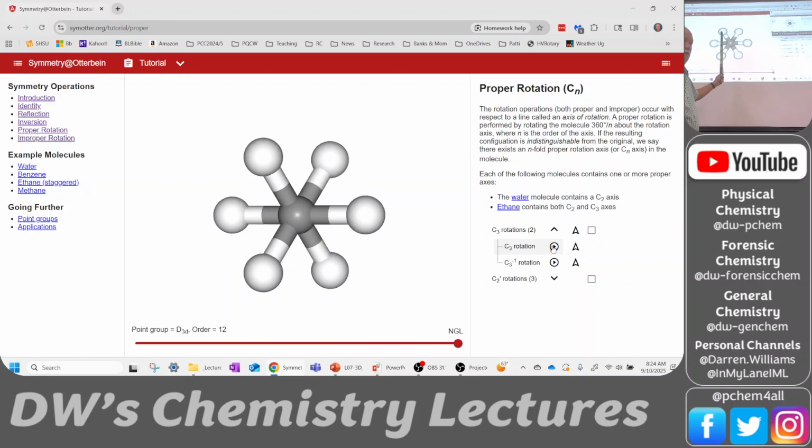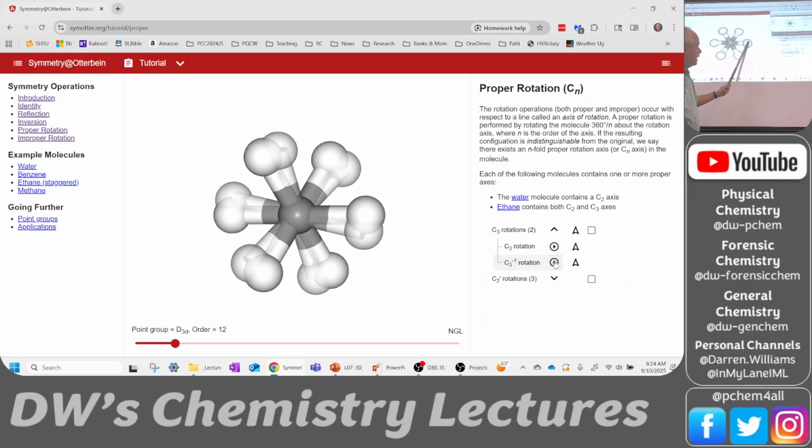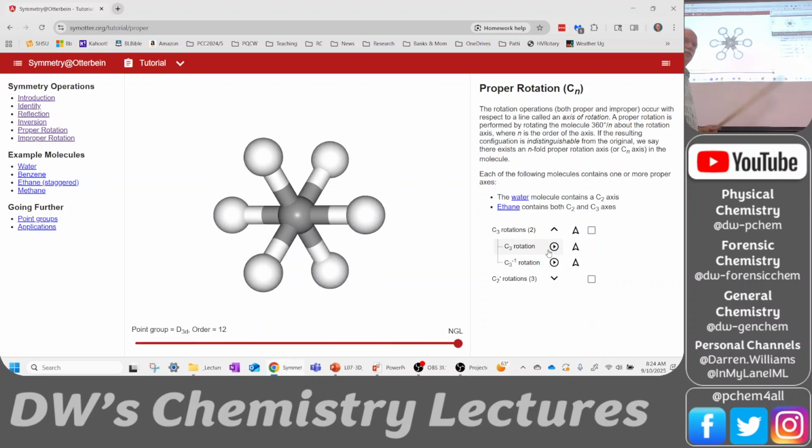It's now here. If we start at this hydrogen and go the other way, it's here. Those are two different operations, so they have to be unique. Whereas with water, since there's really only 2 turns to get back, whether you went clockwise or counterclockwise, it would be the same answer. Yeah.